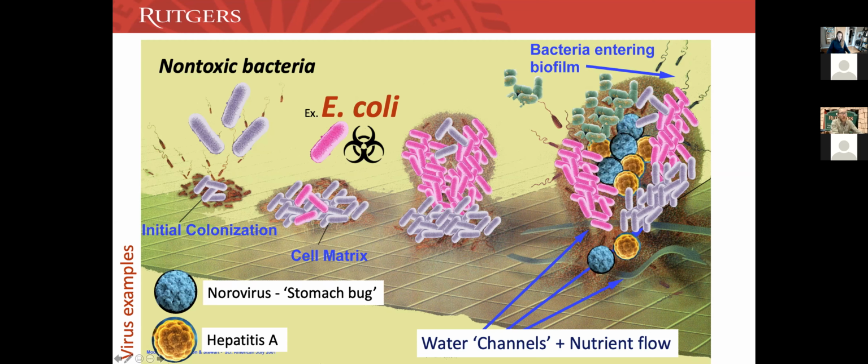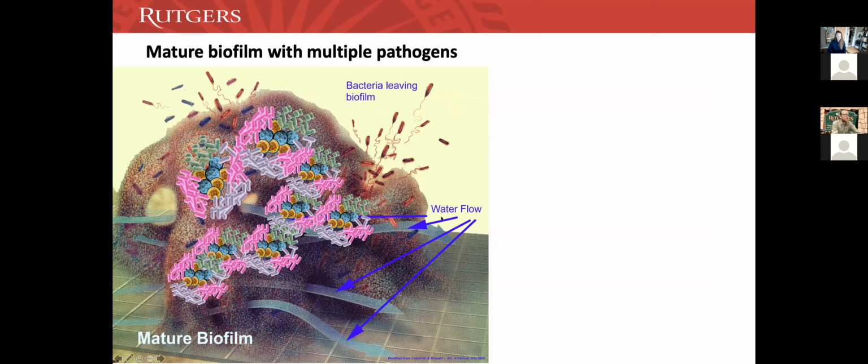So as you have this biofilm developing, you've got multiple different pathogens. You could have viruses that have a sink within this system that are surviving because they're not drying out and they're not being exposed to UV lights or any of the other external environmental factors. So we're going to take a little bit closer look at this: when you have these mature biofilms, it's not just one pathogen, or just one bacteria.